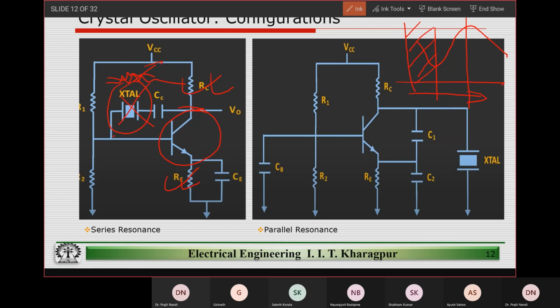So the beta, the feedback factor, is reducing as we keep increasing the resistor. But in this case, as we are increasing the frequency, the effective resistor value is reducing. Just to make things simple, I'm explaining it like that. So beta is increasing.